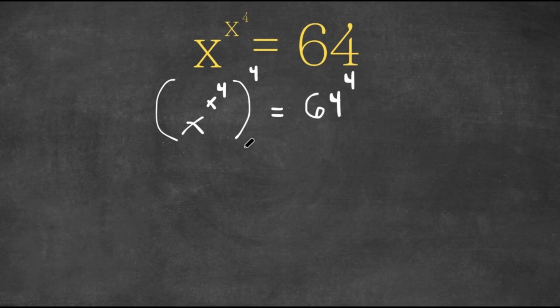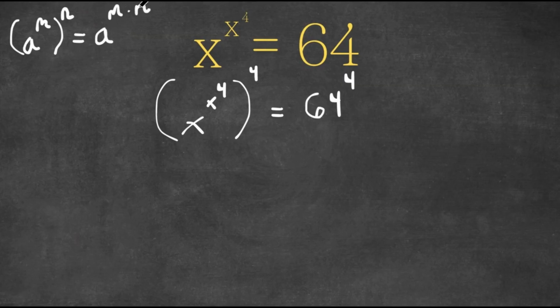So now if I have something in the form a to the power of m to the power of n, this is equal to a to the power of m times n, right? And a to the power of m times n is also equal to a to the power of n times m.